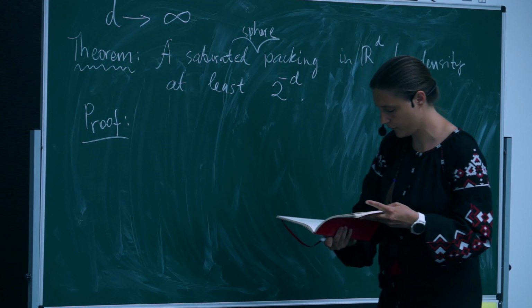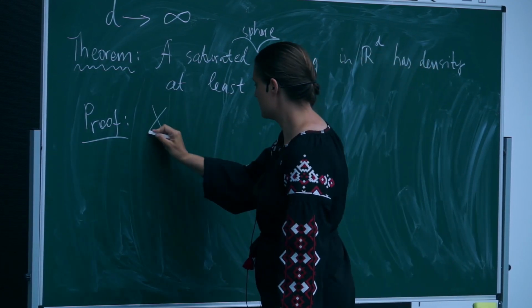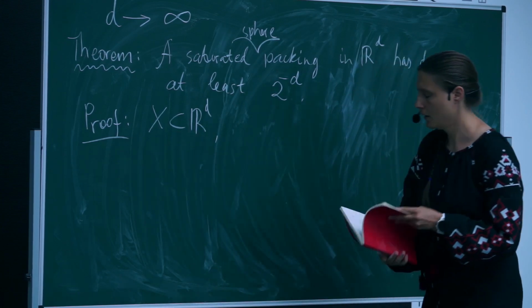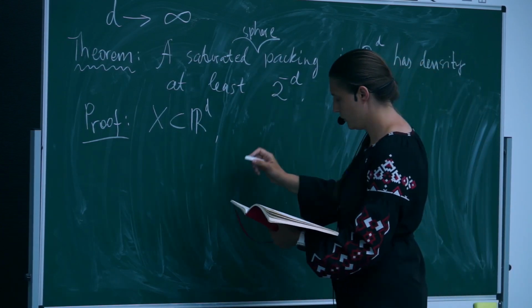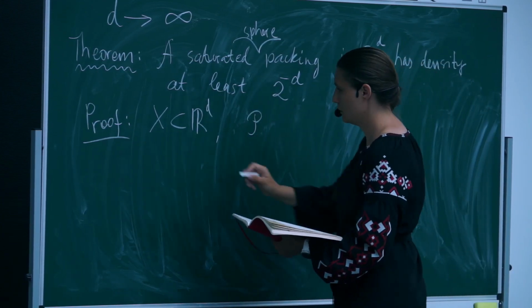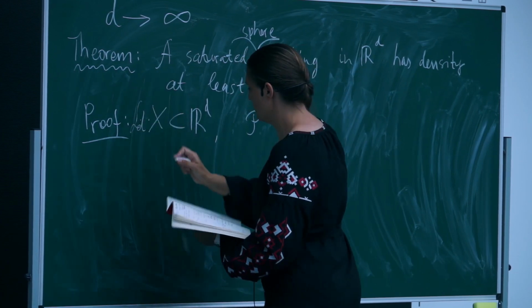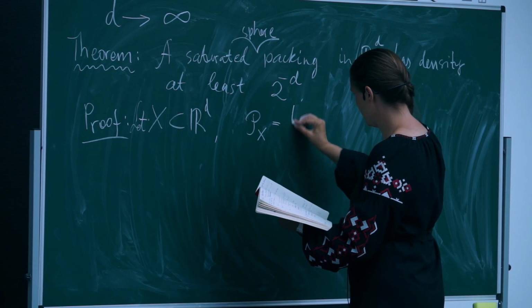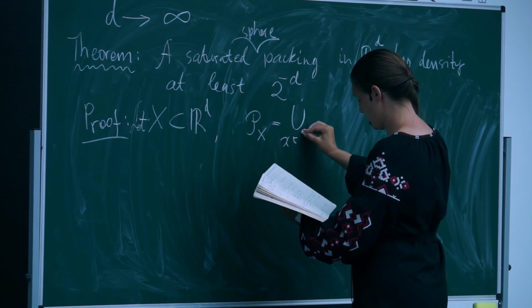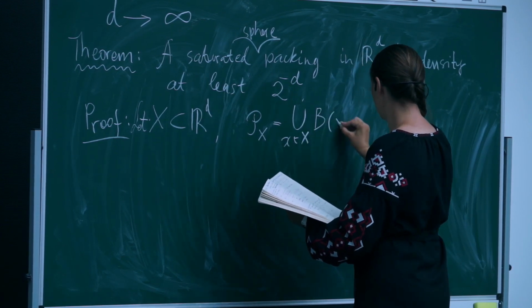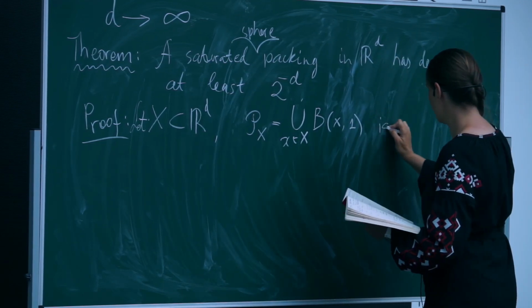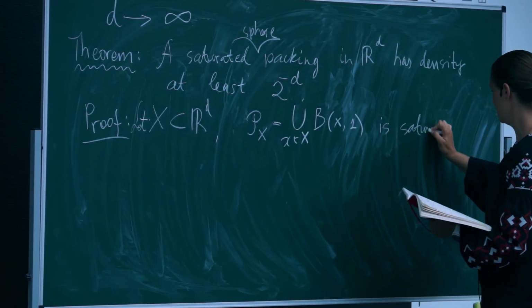Suppose that we have a saturated packing, and X is the set of centers of those spheres. X is a closed discrete subset, and P of X is the corresponding packing, say with balls of radius 1, and we suppose that it is saturated.